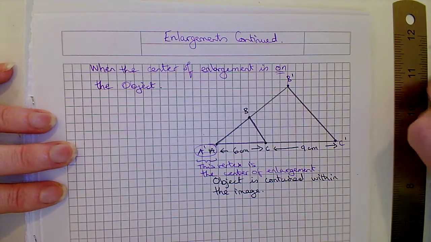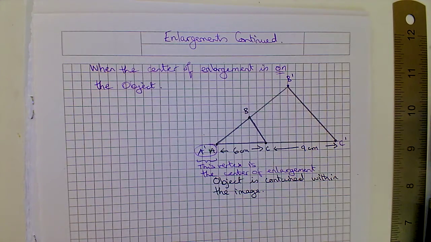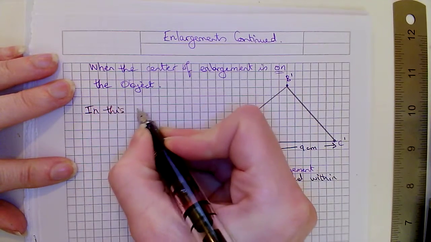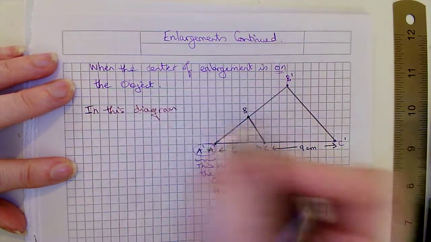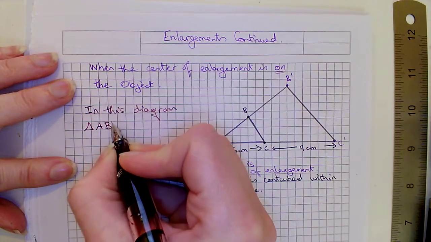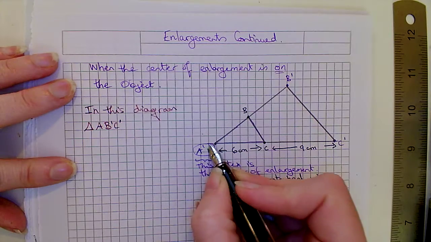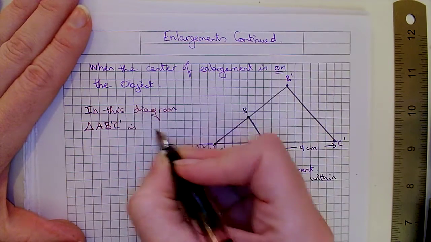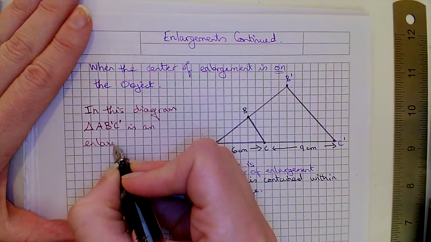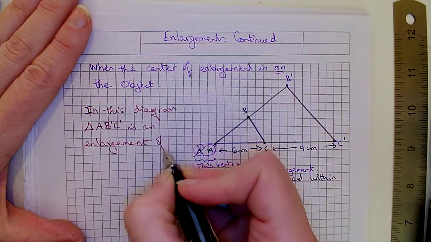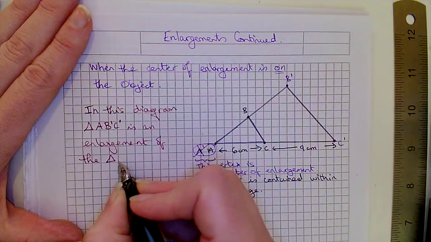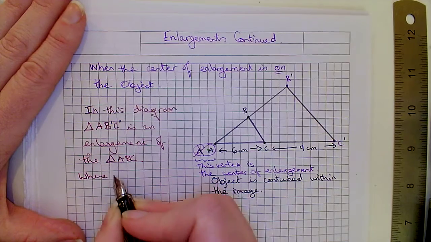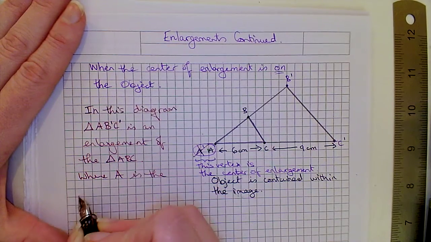And let's write down some more information that we're told. In this diagram, the triangle A, B prime, C prime, okay, so we're just going to use A, is an enlargement of the triangle ABC, where the vertex A is the center of enlargement.